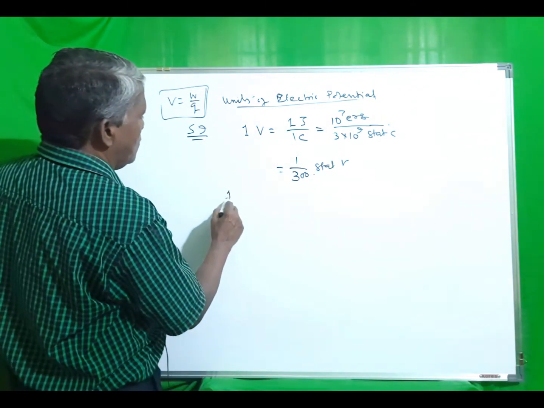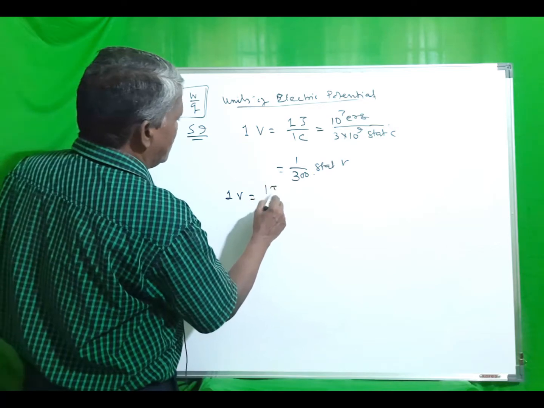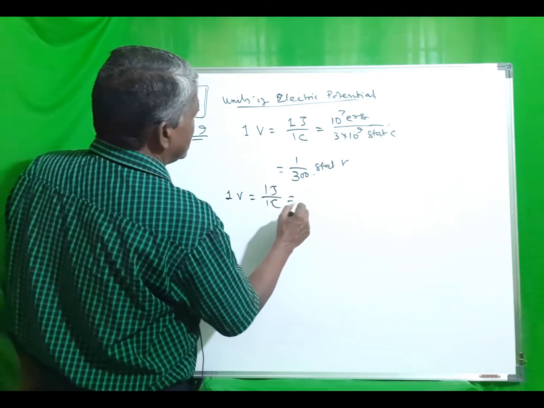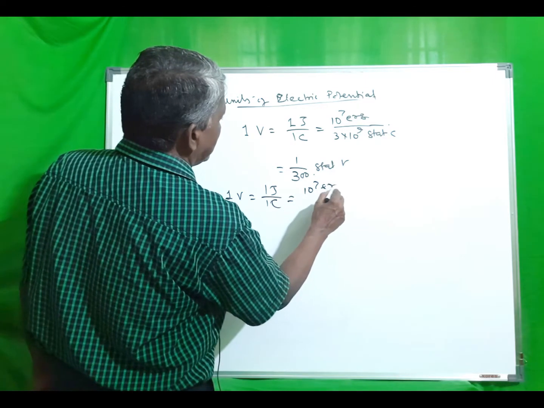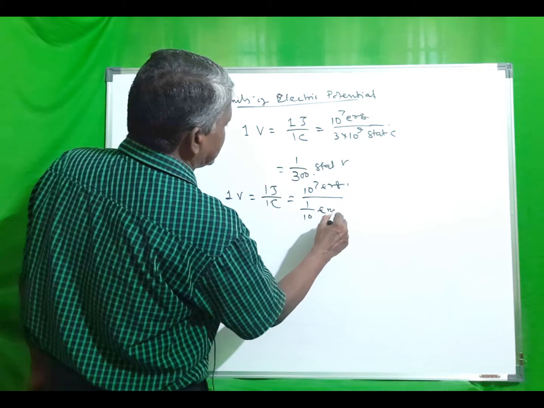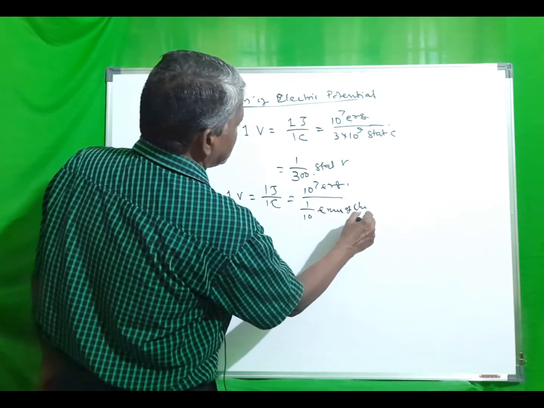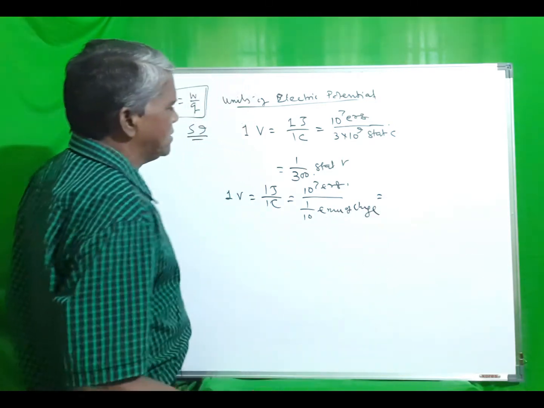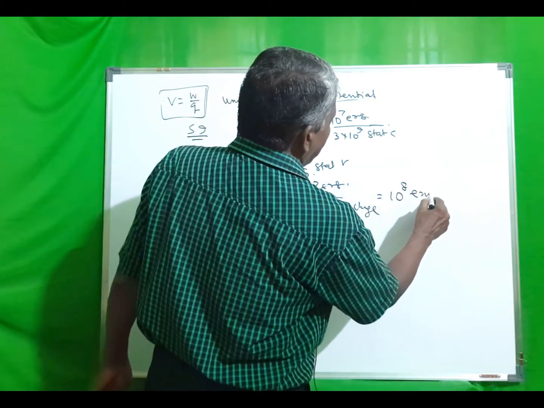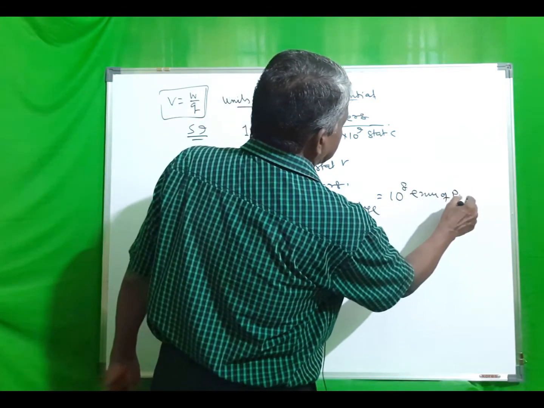Again, 1 volt is equal to 1 joule by 1 coulomb. So this is 10 to the power 7 erg by 1 by 10 EMU of charge. So it is 10 to the power 8 EMU of potential difference.